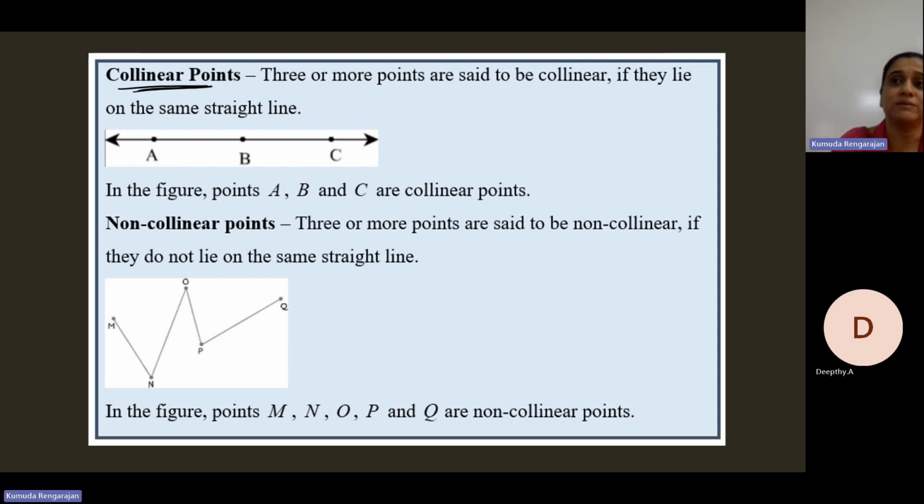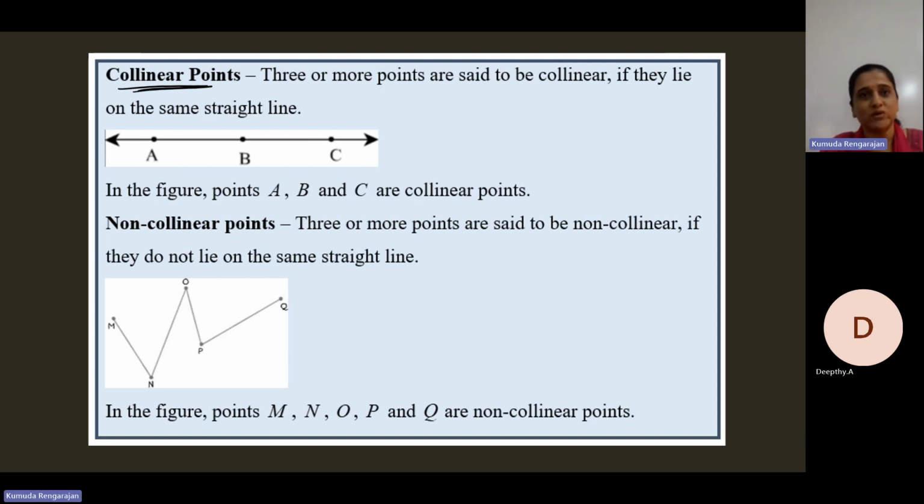3 or more than 3 points are said to be collinear if they can be connected by the same straight line. Now, these 4 girls are collinear because they're sitting in the same straight line. But these 2 boys, I can't say they're collinear, because 2 boys, however they sit, can be connected by the same straight line.